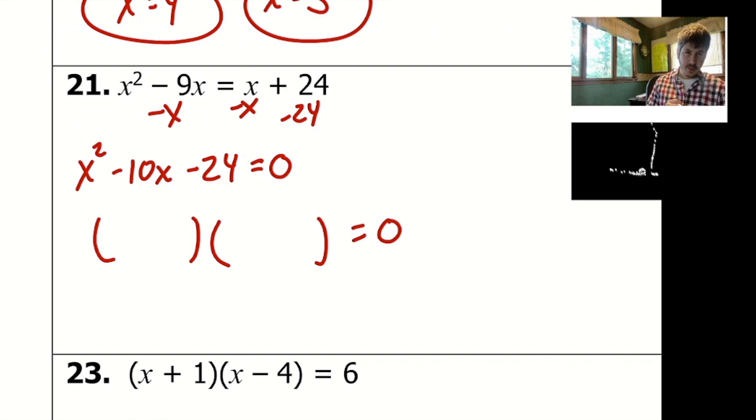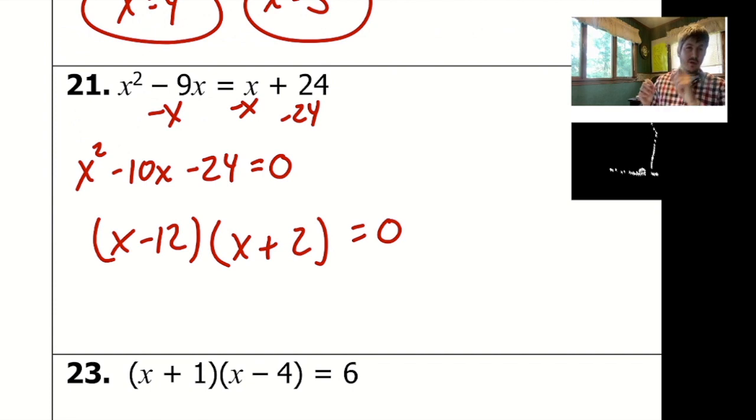I'm just going to factor a little bit quicker. I think it's 6 and 4. Just double checking, make sure that is right. No, that's not right, right? It's got to be 12 and 2. My apologies. That's right.